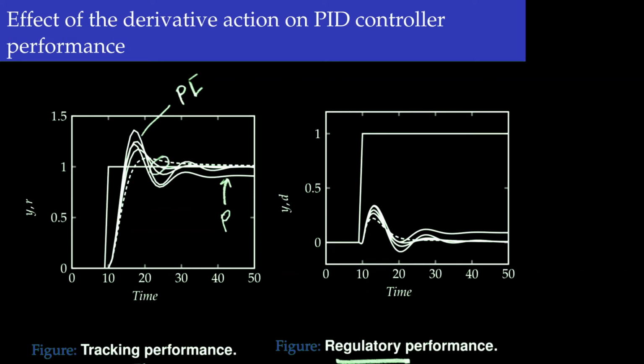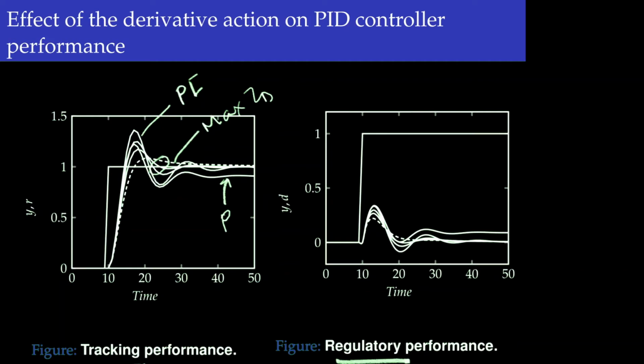Now look at the dashed one, that is for the maximum value of tau D. For that maximum tau D action, we see that the process oscillation is much lower. However, it takes longer to come back to the steady state. But for other cases, the process comes back to the steady state with less oscillation.